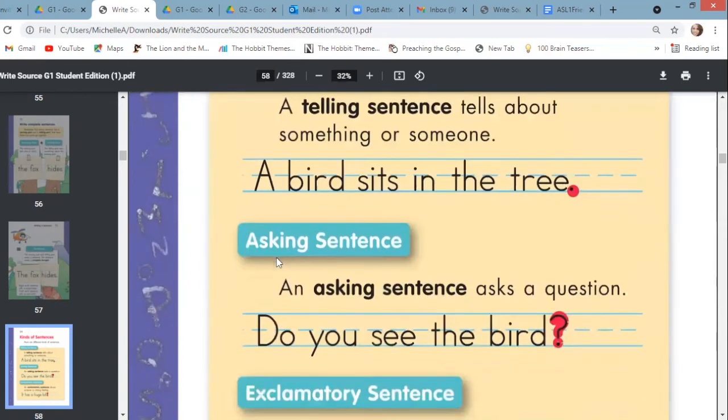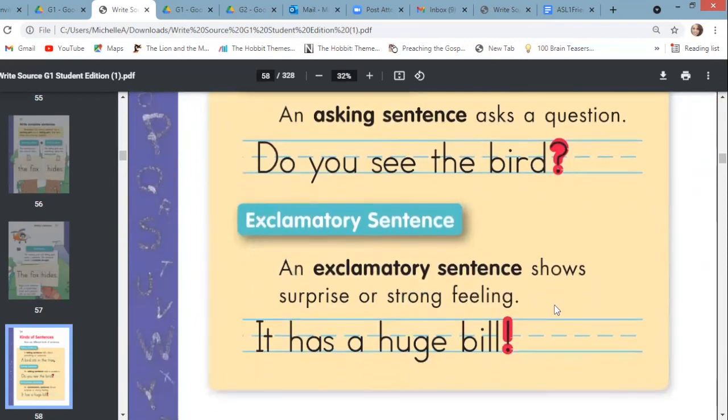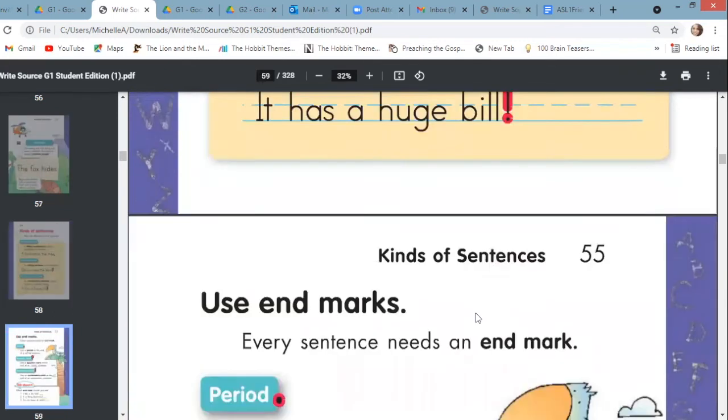Then you have an asking sentence, which is a question, right? So an asking sentence asks a question. Do you see the bird? And lastly, the exclamatory sentence, which shows surprise or a strong feeling. Exclamation. That's right. It has a huge bill!